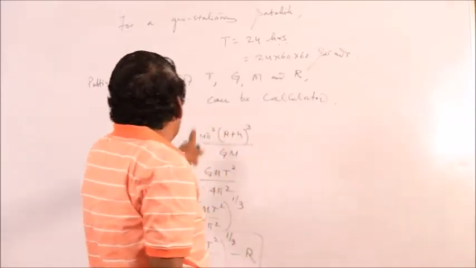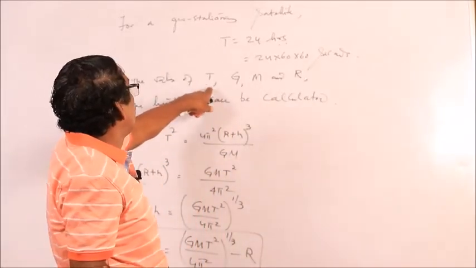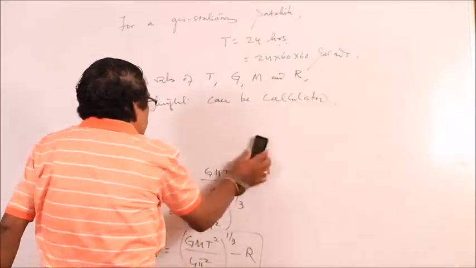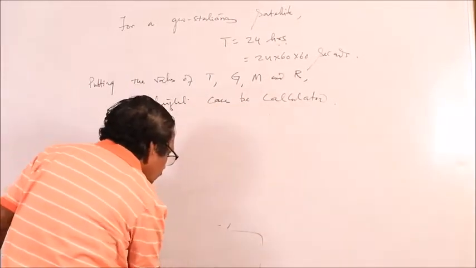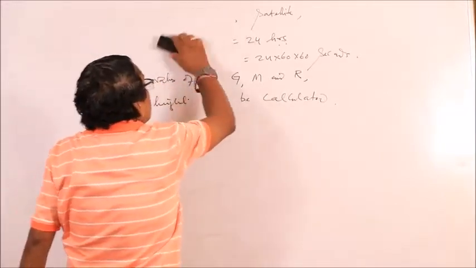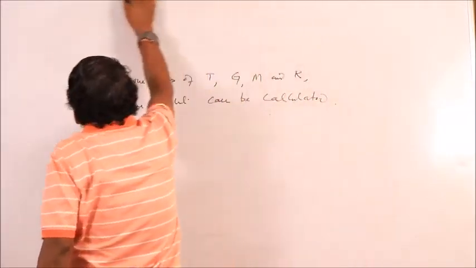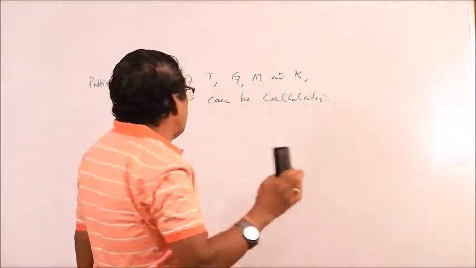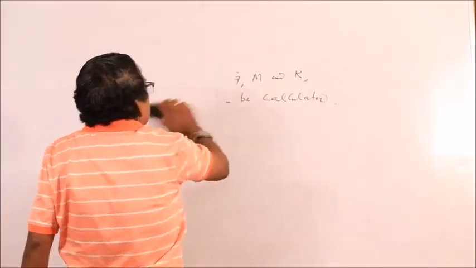We can calculate this. We put the value of T to be 24 into 60 into 60 seconds. So, this is about the revolution and velocity of a satellite going very close to the surface of Earth, and of a geostationary satellite.